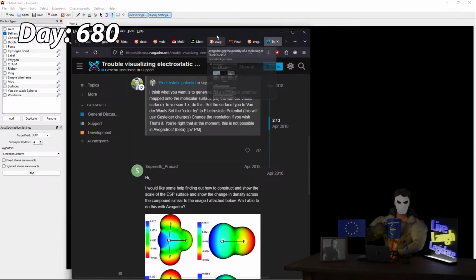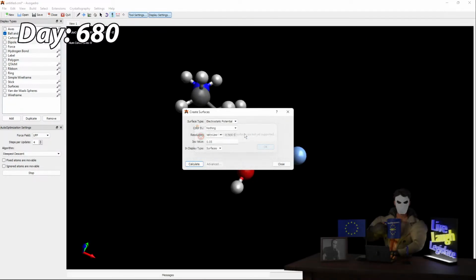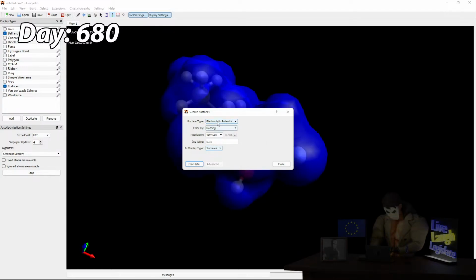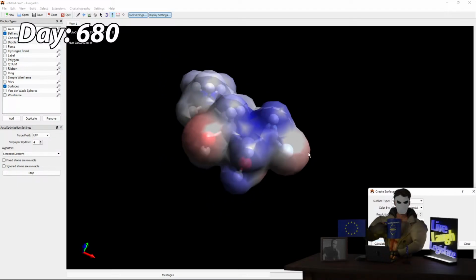The surface type to Van der Waals, set the color. Okay, so Van der Waals, calculate. Color by electrostatic potential. Oh.